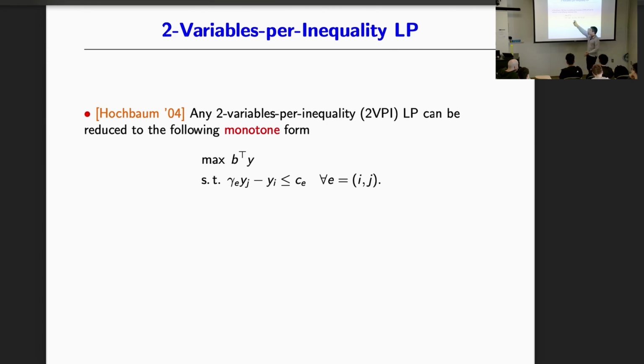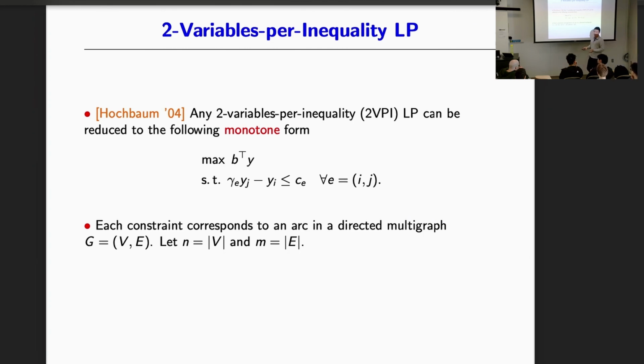Not only does every inequality have at most 2 variables, it has exactly 1 with positive coefficient and 1 with negative coefficient. And by rescaling, you can assume that the negative coefficient is -1. So every inequality is of this form. This is what we call monotone, 2 variable per inequality LP.